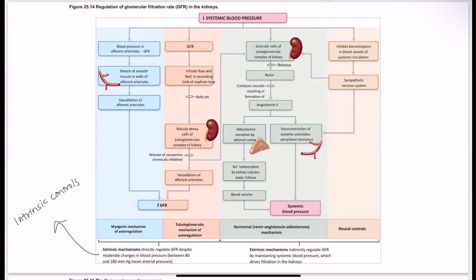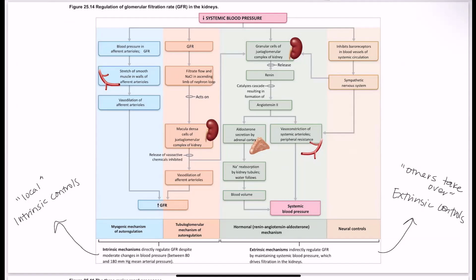I think of intrinsic controls as being comparable to the locals. Extrinsic controls are who comes to step in when the locals can't quite get it done. So when the kidneys can't quite get it done, then other body systems step in. Others take over.